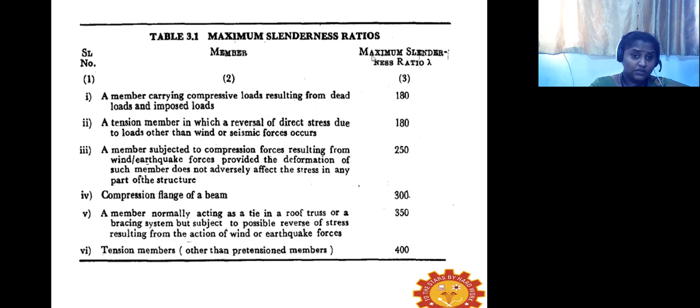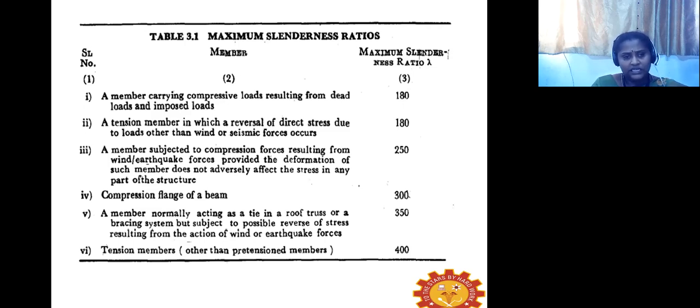And this is the most important factor in the column: slenderness ratio. This is a very important factor in the design of columns. First of all, what is slenderness ratio? Slenderness ratio is nothing but the ratio of length to the least lateral dimension.